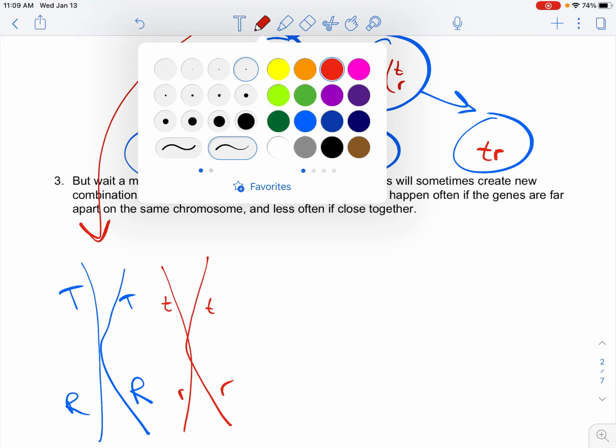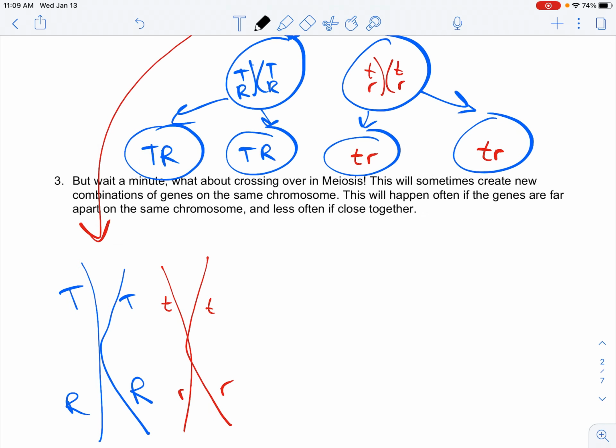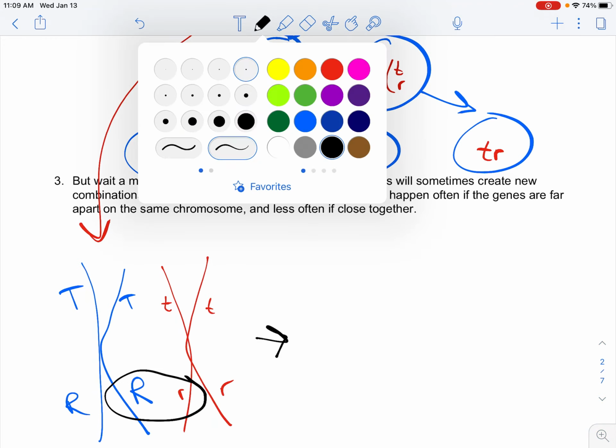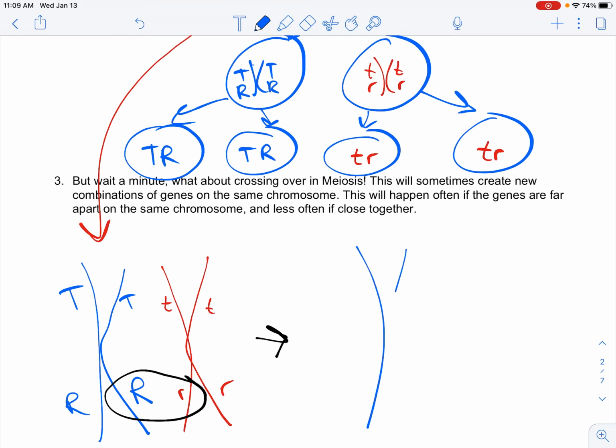Okay, and if we have these two moving across each other, right, then the result of that is going to be those are going to be normal up on the top section.